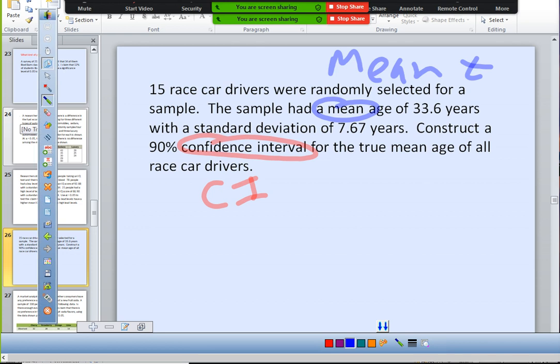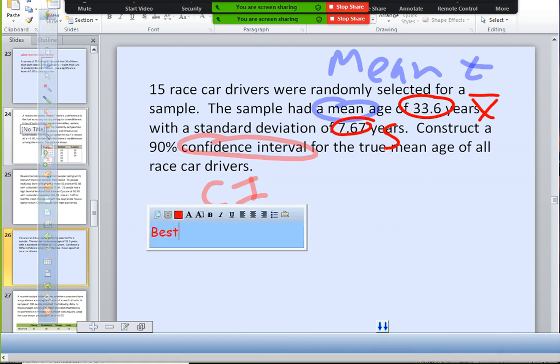So this one, your best point estimate is going to be your sample mean, X bar. This is my X bar. This is my S. So best point estimate is 33.6, because that's what I got from my X bar.